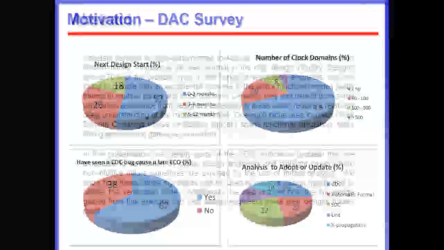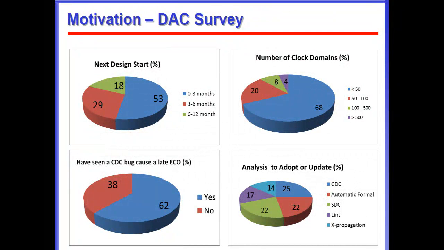So the motivation was this year's DAC survey. We did a survey among 300 customers passing by our booth at DAC. And the number of design starters, more than half of them is within the next 3 months, showing that turnaround cycles are going down, are more compressed.